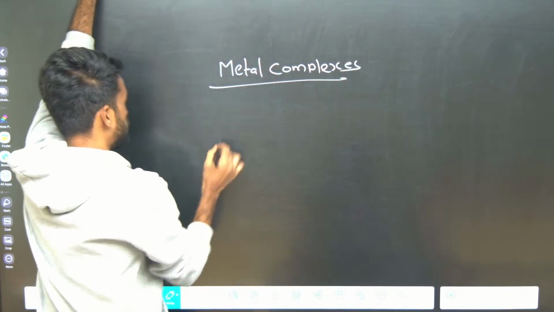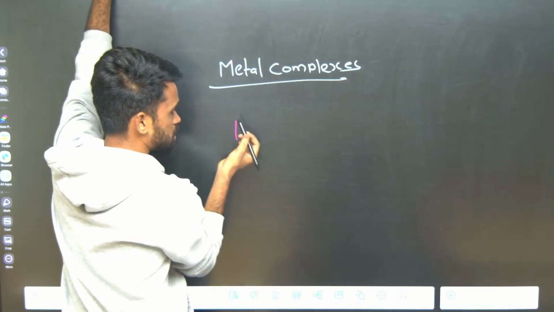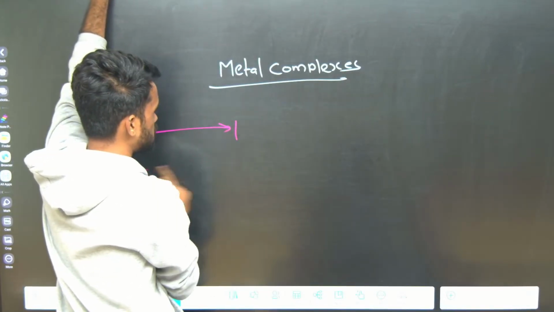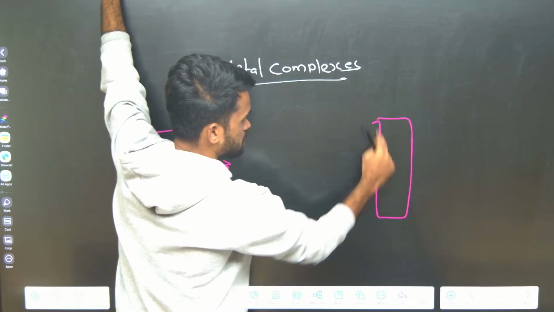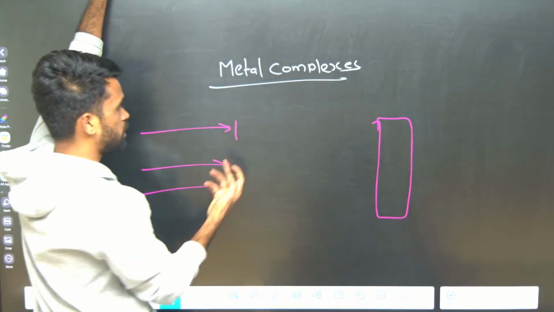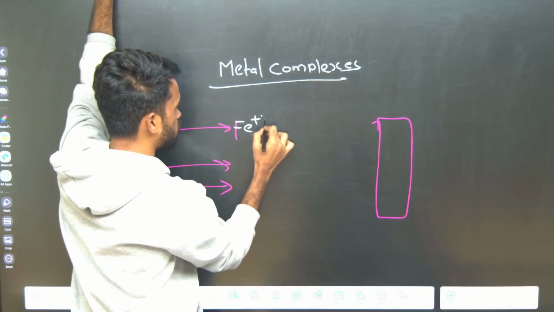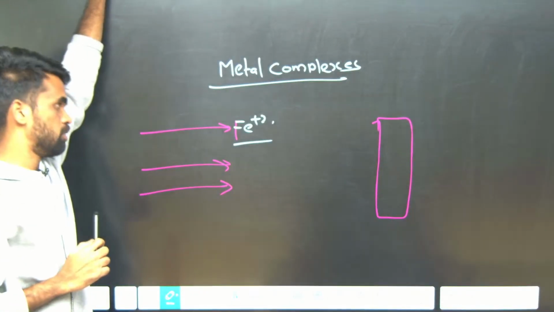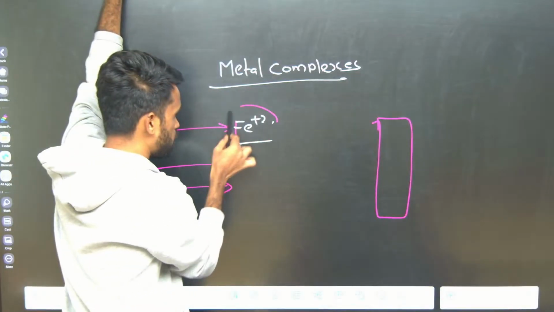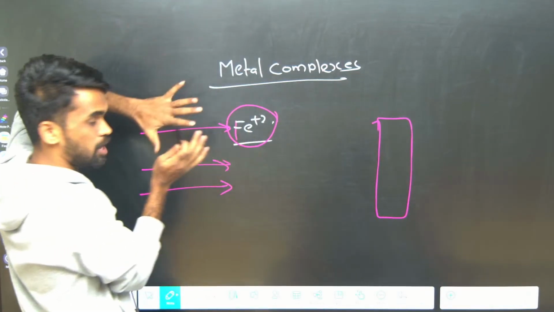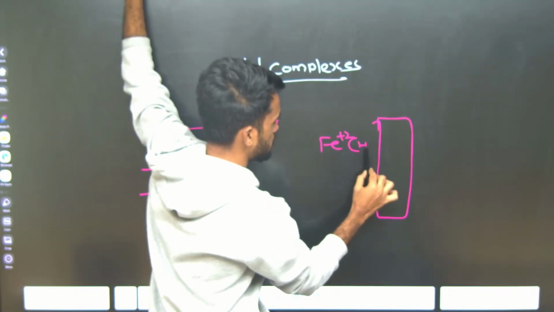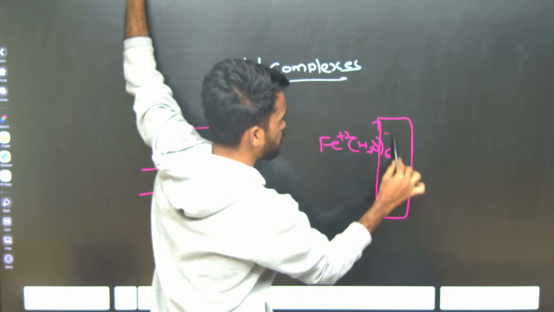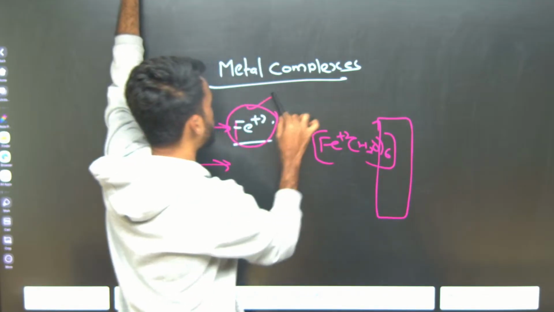Here transition metals are there. Transition metals means any of this 3d series, 4d series, 5d series, in which the exceptional case is the zinc family. So you take any iron plus 2 or any of these ions. Now if I compare this iron plus 2 in its normal existence, and when it is forming a complex with the same Fe plus 2 oxidation state, always remember metal complexes are more stable than its free ions.